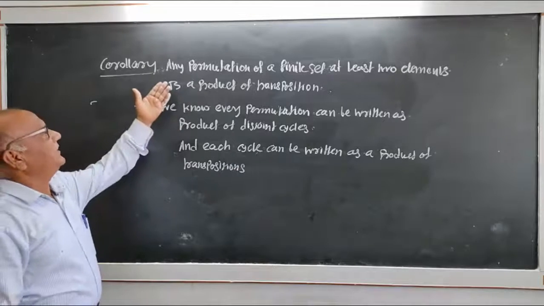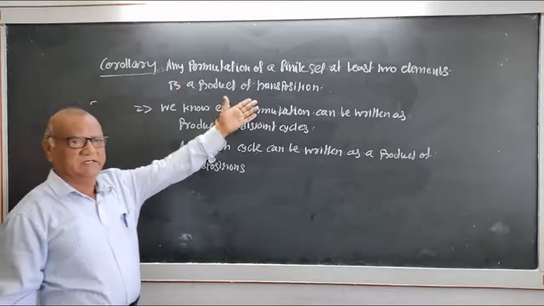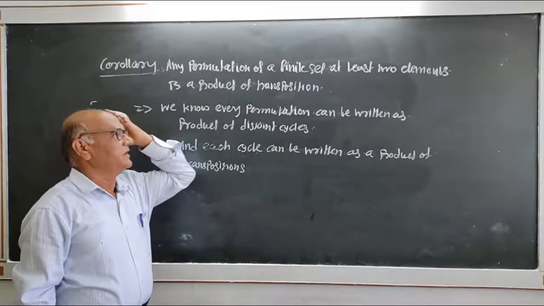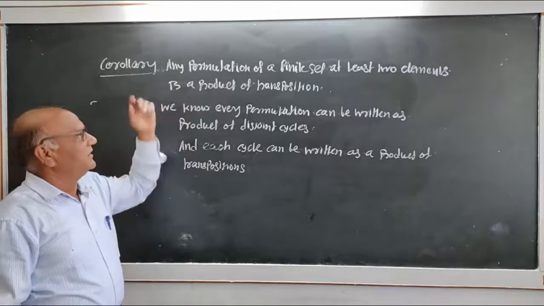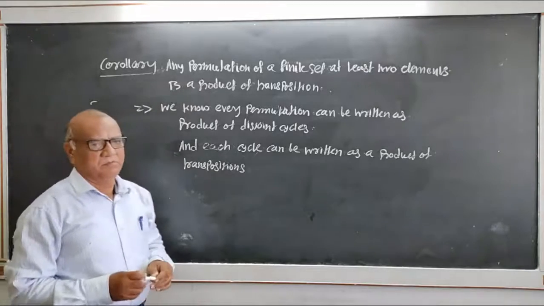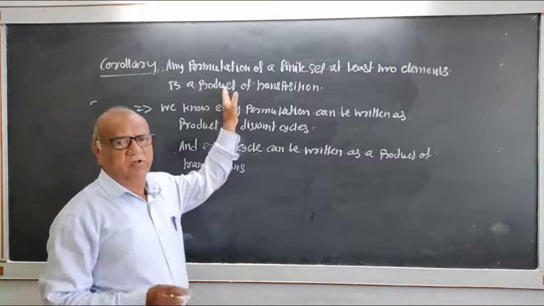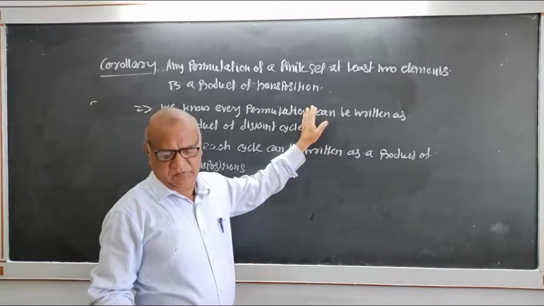And therefore, any permutation of a finite set of at least two elements can be written as a product of transpositions.